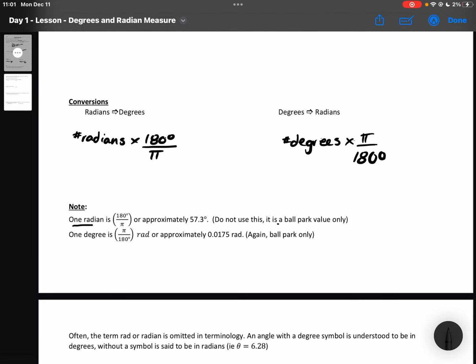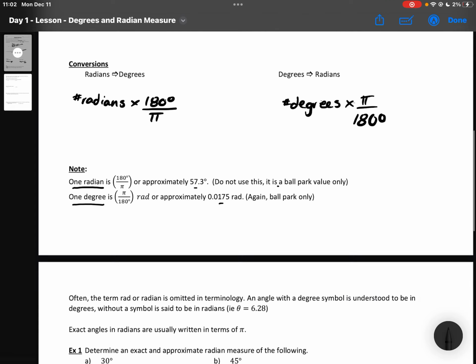So 1 radian is about 180 degrees over pi, and then 1 degree is pi over 180. These values here are just ballpark values. Don't use them in any sort of calculation, just an estimate.